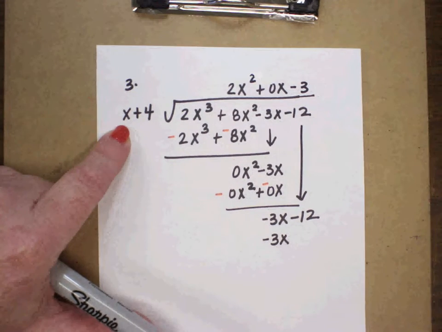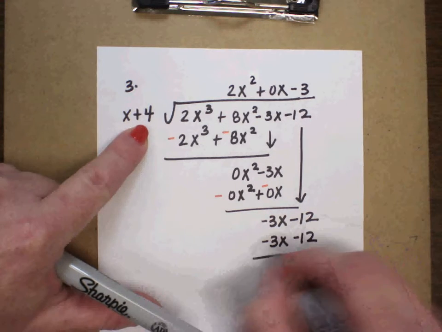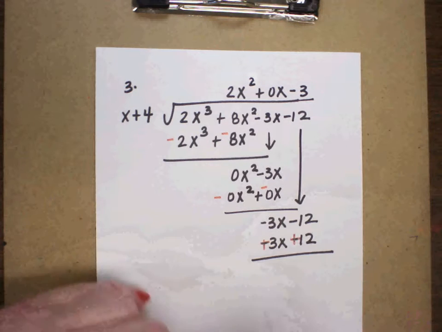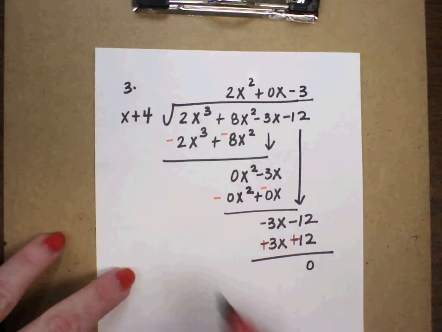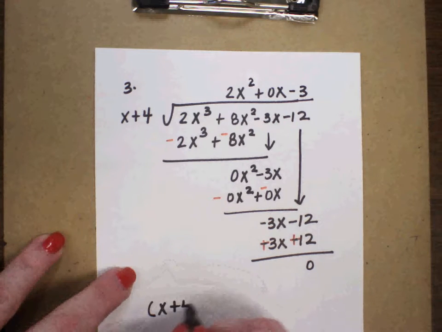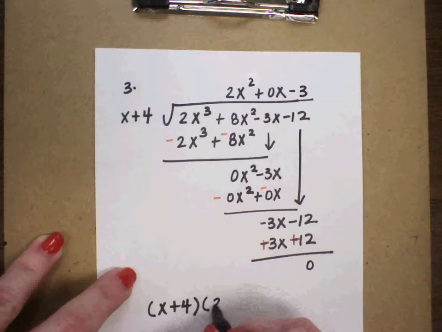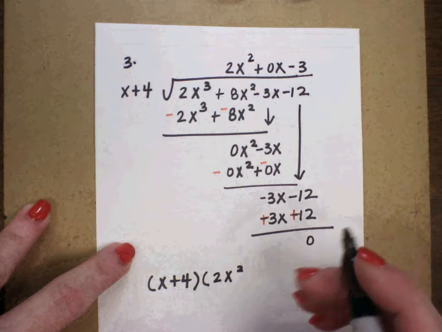And then I'm going to change the signs. And what's my remainder? 0. So what are my factors? X plus 4. And what's my second factor? 2x squared. Do I really need to write down plus 0x? No, because it's 0 x's. Minus 3. And then when you do the box, you should get that.